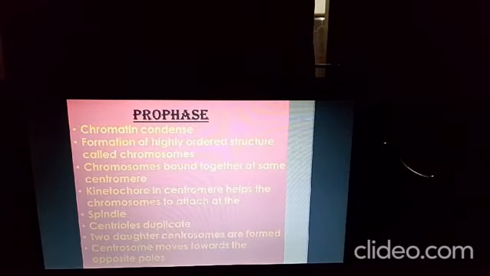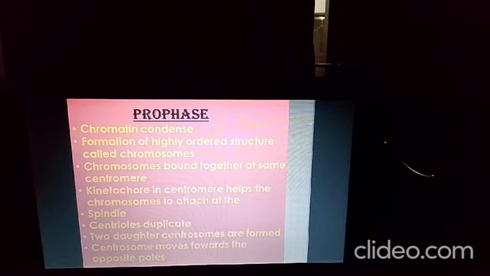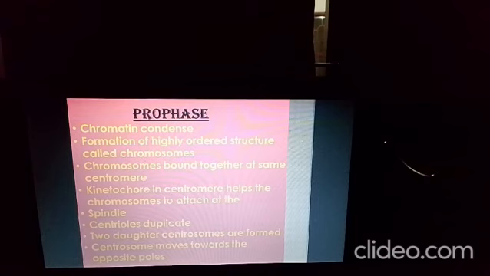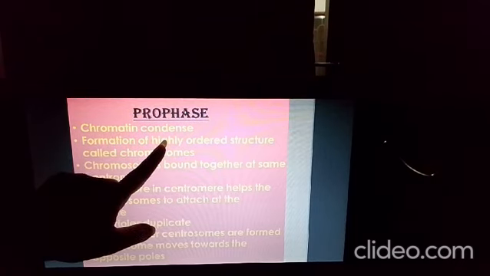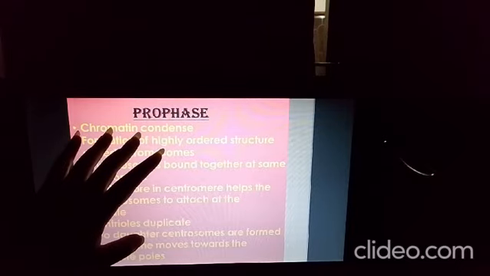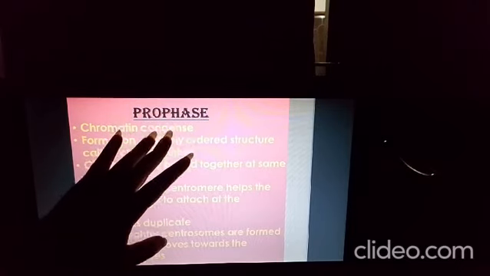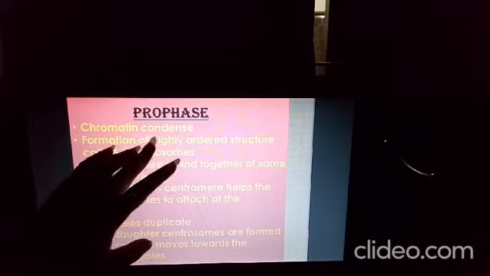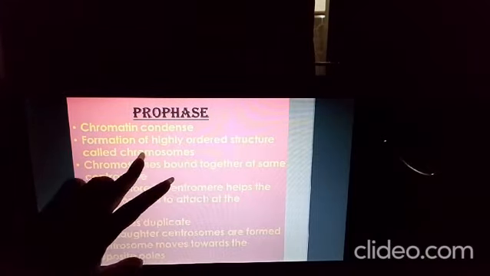Now come towards its phases. The first phase is prophase. Here are some bullets which show the sequence of events that occur in the first phase of mitosis, which is the prophase. The first one is chromatin condense. Means in the first phase, chromatin condense, coiled, and form a highly ordered structure called chromosome.